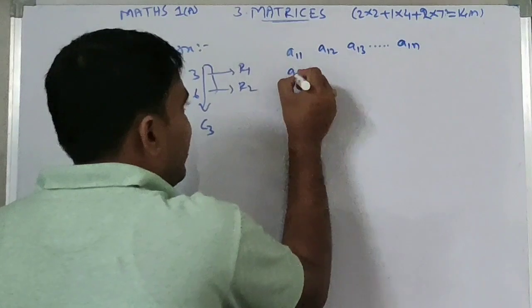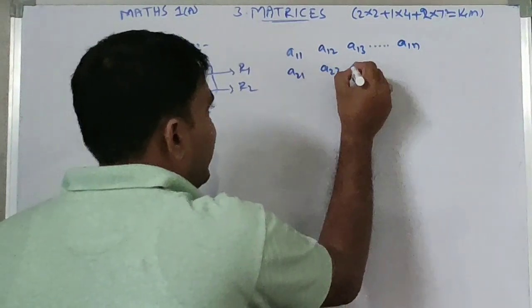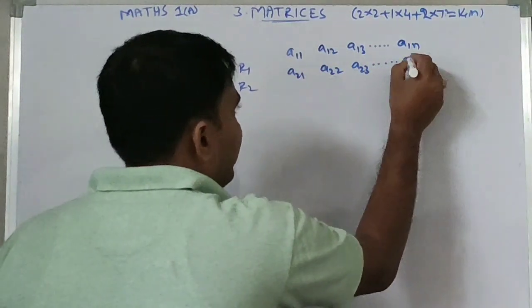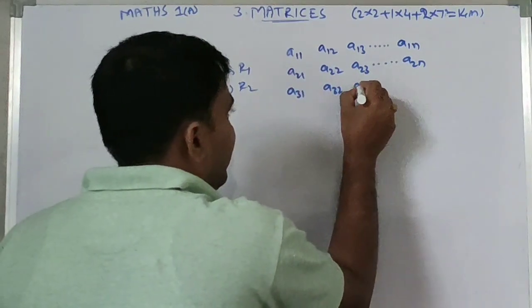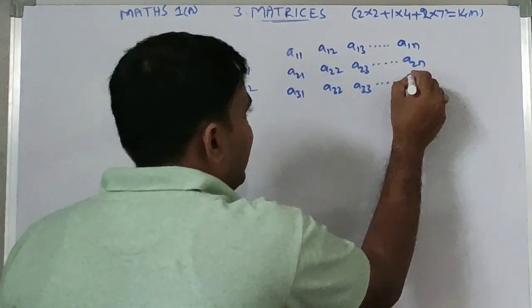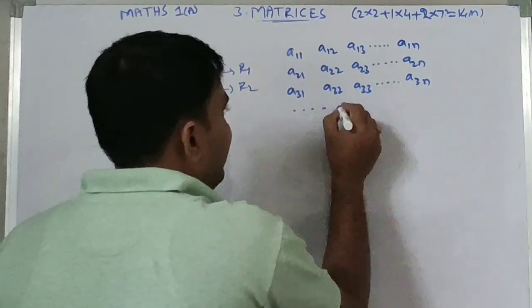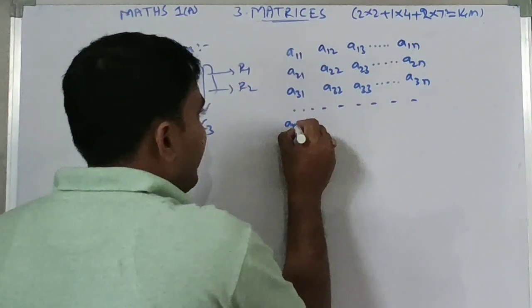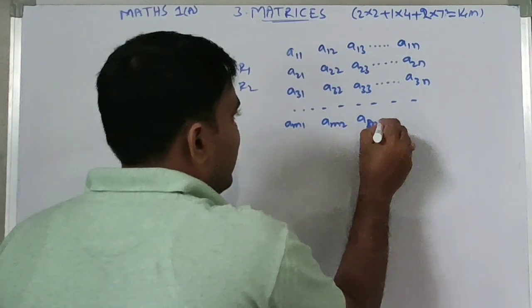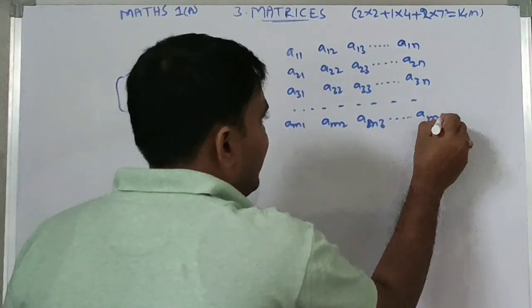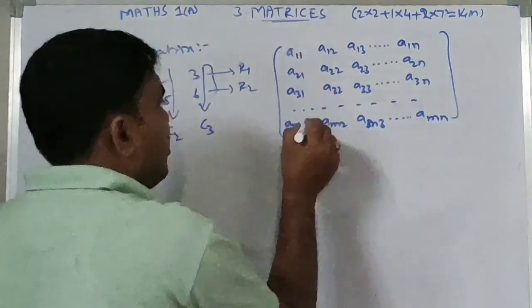Next A21, A22, A23 up to A2n, A31, A32, A33 up to A3n. Like this, Am1, Am2, Am3 up to Amn. So this is the matrix.